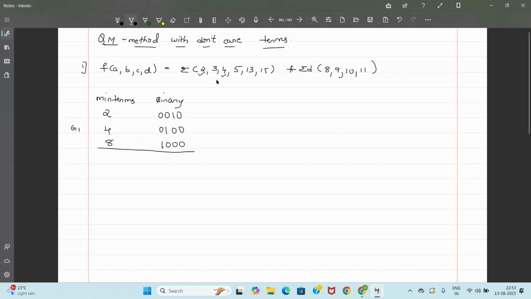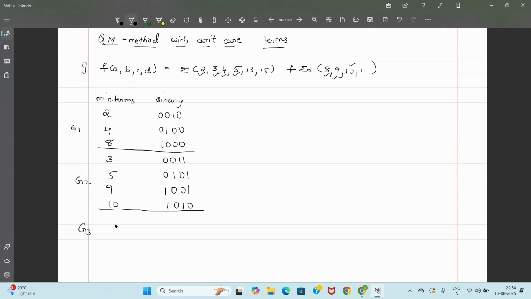Next I'll go for two ones. So first is 3, 0011. Then you have 5, 0101. After 5 you have 9, 1001. Then you have 10, 1010. 13 has three ones, 11 has three ones, 15 has four ones, so I'll have to go to the next group.